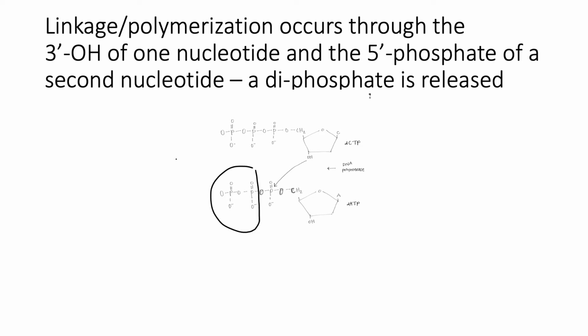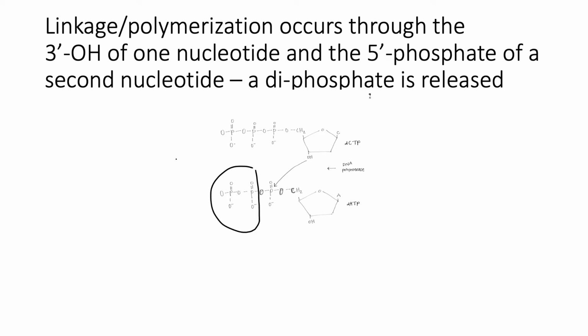And so what happens is, during the polymerization process, the oxygen, which is the number 3 oxygen, links to the alpha phosphate on the one below. And then it releases that diphosphate, those 2 phosphates. And so you end up getting a new linkage, which is referred to as a 3' to 5' phosphodiester bond.